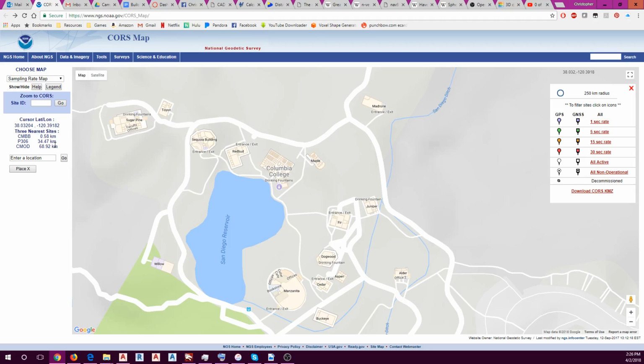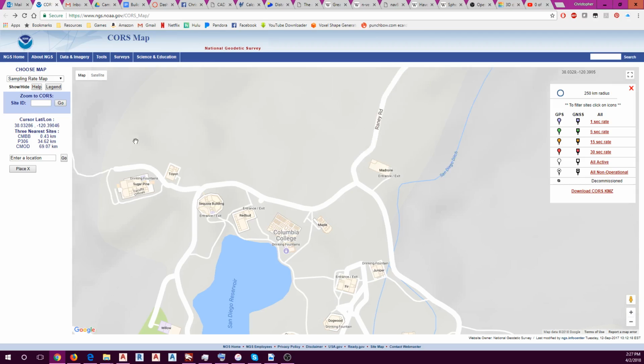I think Laurel is right here. So right where my cursor is, well, actually, let me put an X. I think that Laurel is right here.